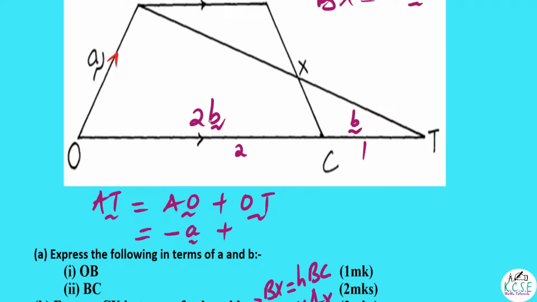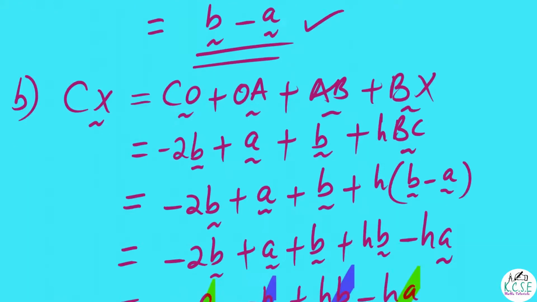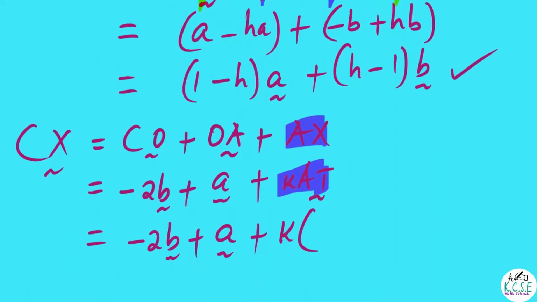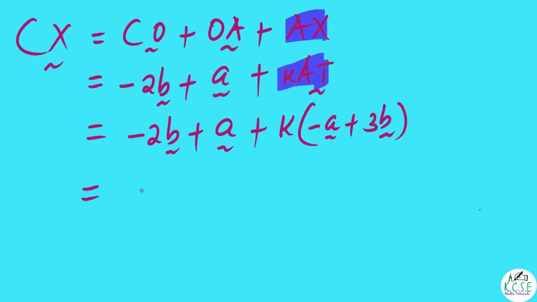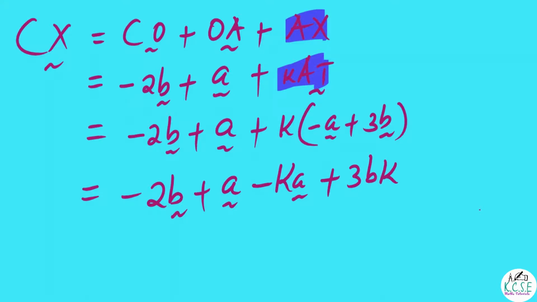From O to T is 2B plus B, which is 3B. So AT therefore is negative A plus 3B. Open the brackets. Get this 2B plus A. This is negative KA plus 3BK.